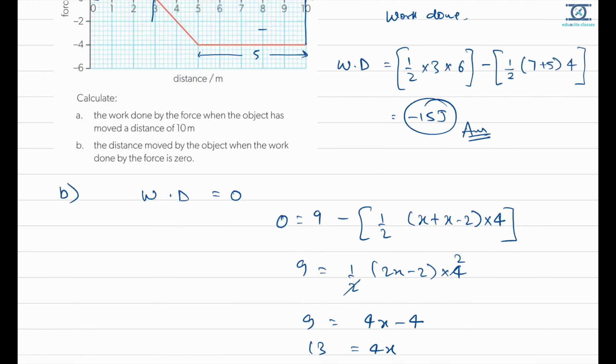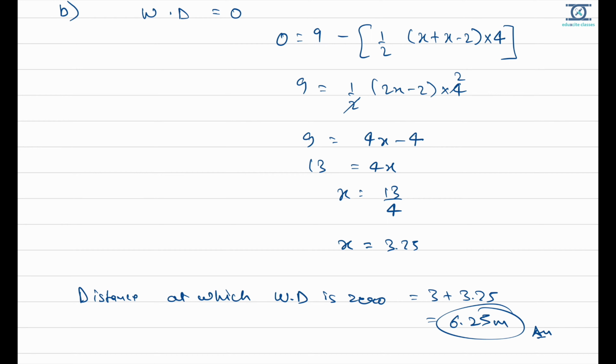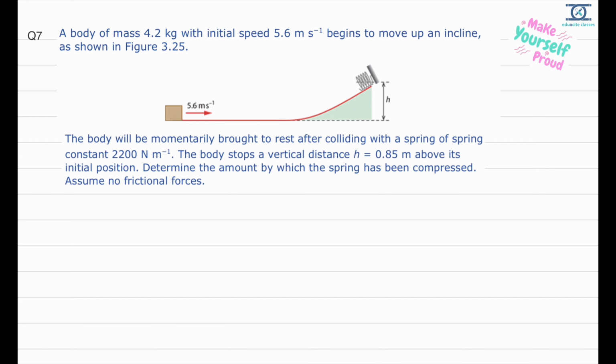So the total distance at which work done is 0 equals 3 plus 3.25, which is 6.25 meters. This will be your answer for part B of question number 6. I hope it is quite clear. If you have any doubt, just comment below. Now moving on to the next, pause the video and solve question number 7.